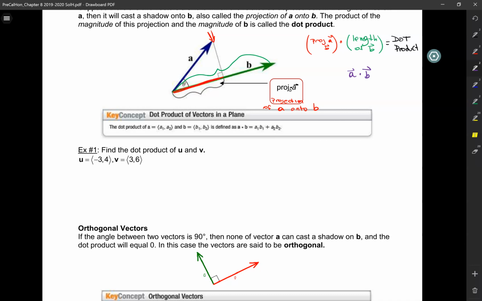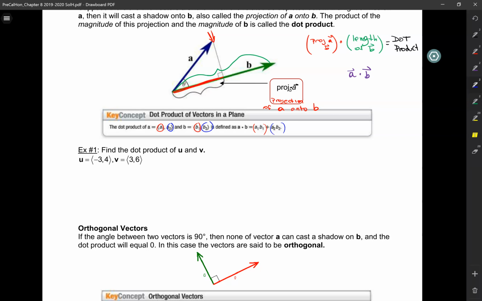Now, to find A dot B, you multiply the first components, A1 times B1. You multiply the second components, A2 times B2, and you add them together, and you get that value.